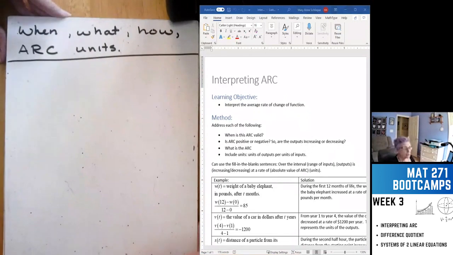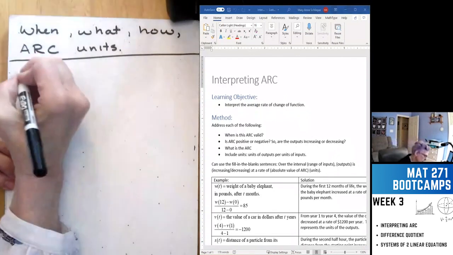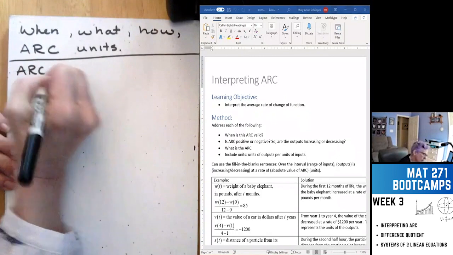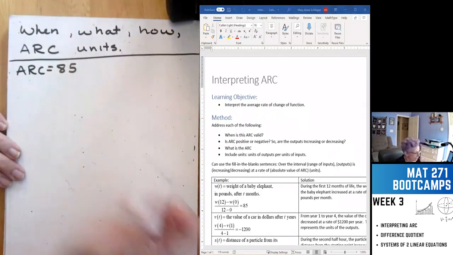So if we're given something like W of T is the weight of a baby elephant in pounds after T months, and we see that the average rate of change there, W of 12 minus W of 0 over 12 minus 0, is 85. So that tells us that our ARC, average rate of change, is 85.